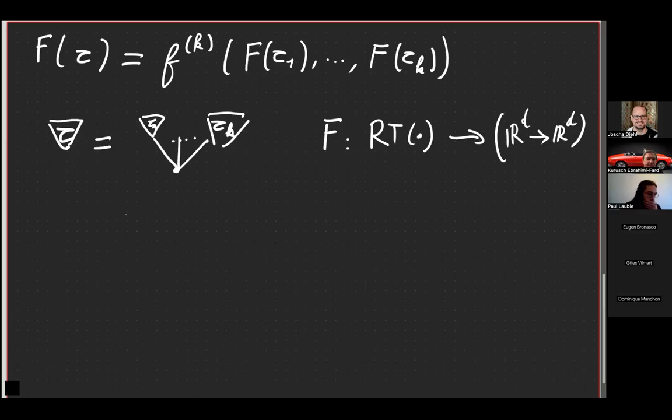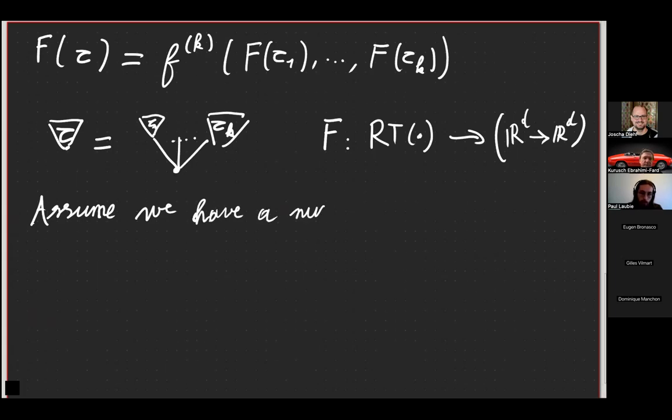So now, if I have an ODE and I want to solve it, and I have a numerical scheme, I can understand the numerical scheme as another ODE. So assume we have a numerical scheme to solve the ODE, or to approximate the ODE, I should say.